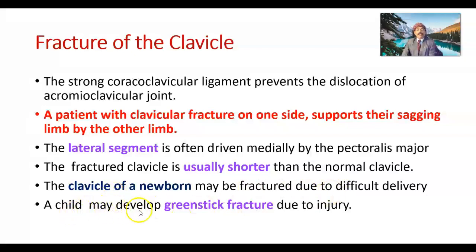A child may develop a greenstick fracture. On one side there will be a fracture line, while the other side of the bone has no fracture line, and the bone is curved. That is called a greenstick fracture, like a plant or tree branch. So, greenstick fracture in children.